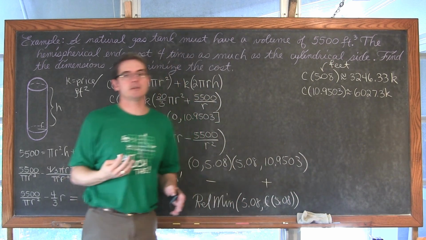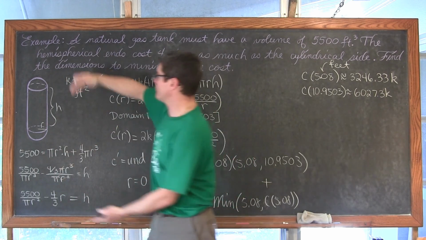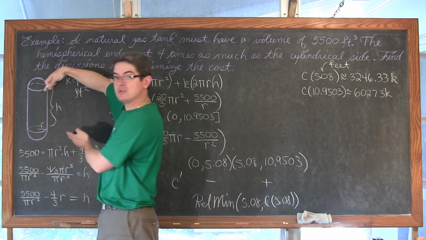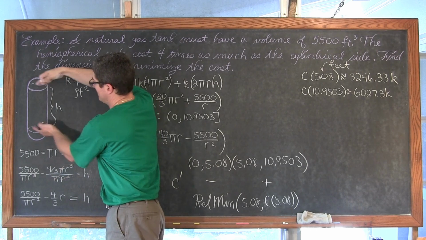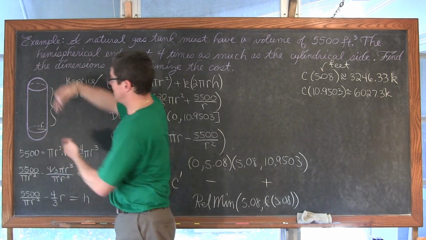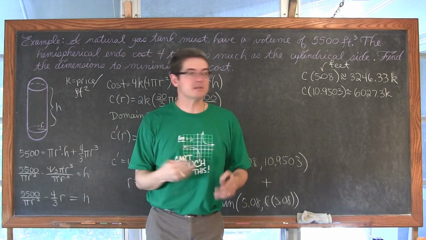Now, how tall is the tank going to be? Not how tall from end to end, but how tall are the cylindrical sides, or the distance between the two hemispherical end caps, or what is h?